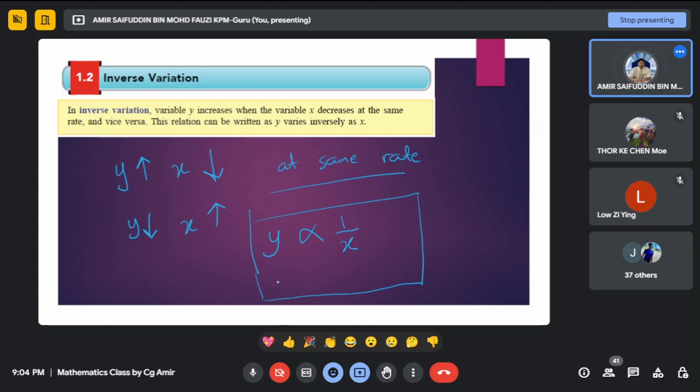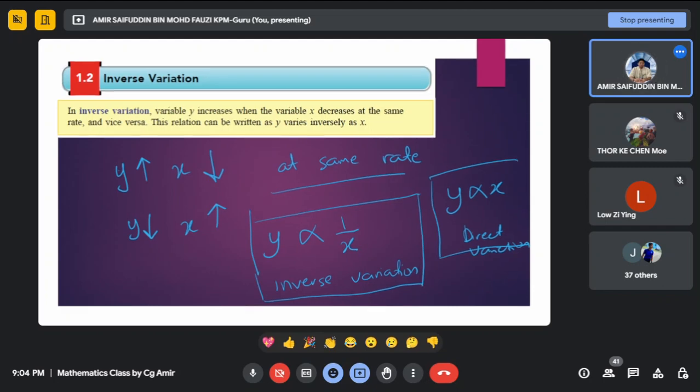This is inverse variation. A direct variation is y varies directly as x. Inverse has 1 over x. That's the only difference between a direct variation and an inverse variation.